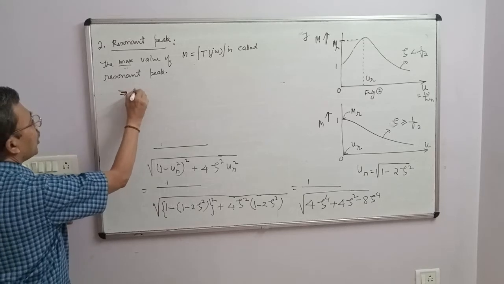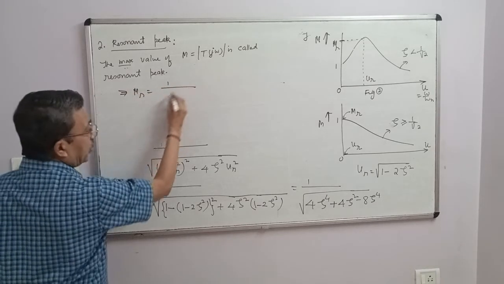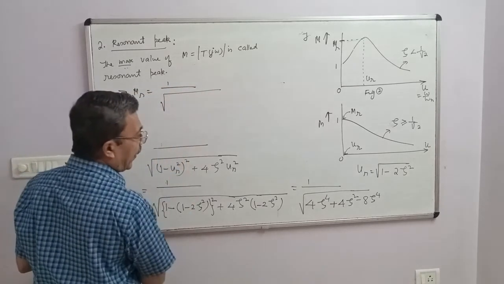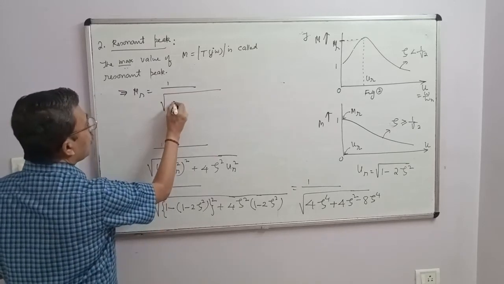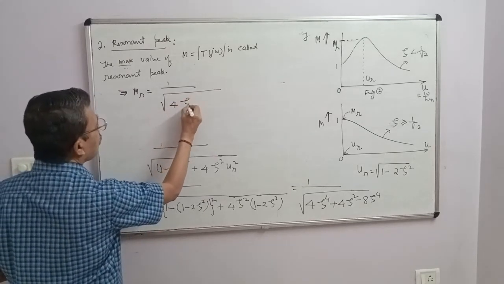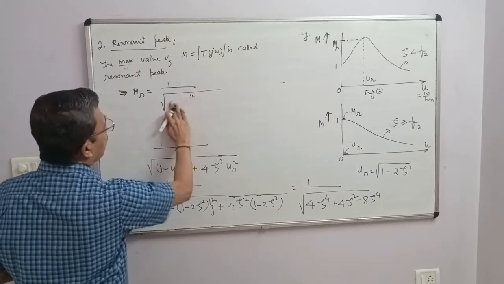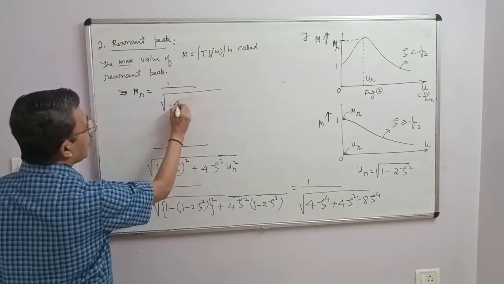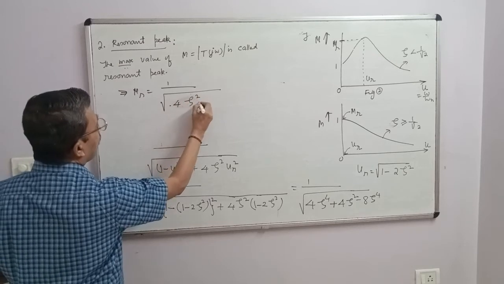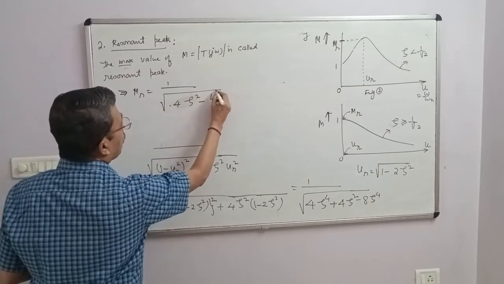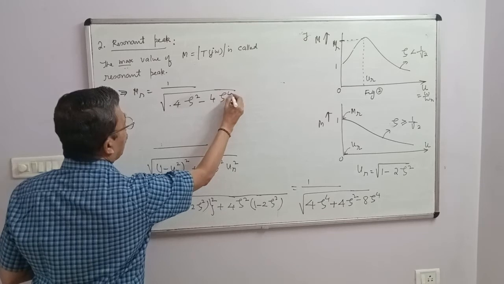This implies Mr is equal to 1 over square root of 4 zeta square minus 4 zeta to the power 4.